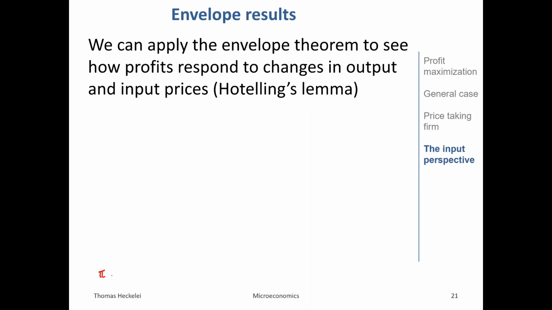So assuming we already solved for the profit function, which is a function of P, V, W equals P times F of K star(P, V, W), L star(P, V, W) minus the cost, and the cost is now K star, also a function of input and output prices, times V plus L star, similarly a function of prices, times W, right? So that is the indirect objective function or the profit function.